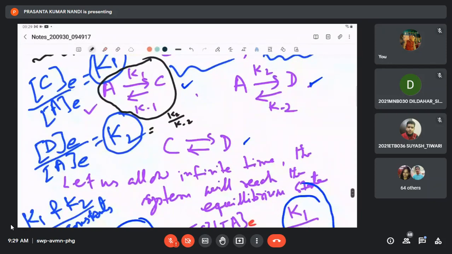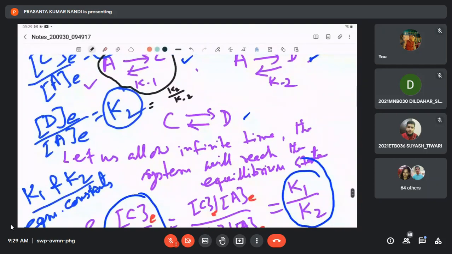So interconversion between the two isomeric products, C and D, is also allowed. Let us allow infinite time, and the system will reach the equilibrium state. K1 and K2 are equilibrium constants, as we discussed earlier.